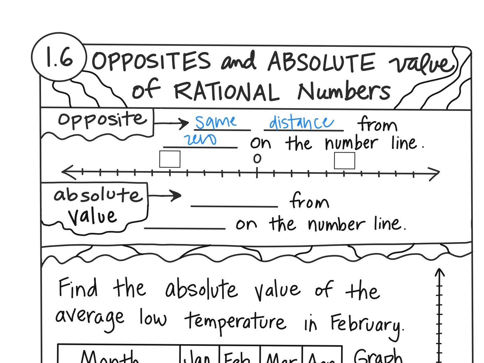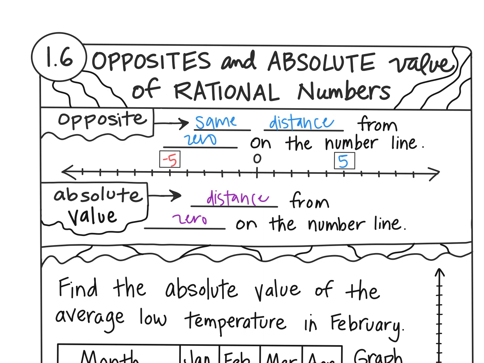If I have positive 5 and negative 5, they should be the same distance from 0 on a number line. Then we have something that we learned about, called absolute value, which represents the distance that a number is from 0 on the number line.